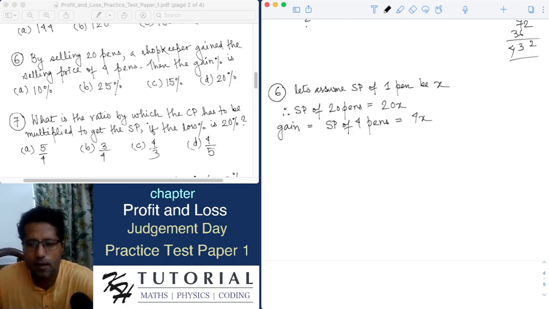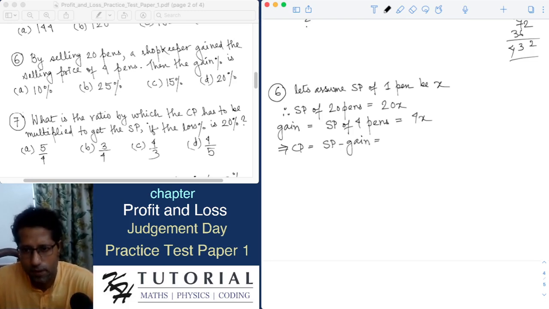This is the gain. Now, we know the gain, we know the selling price. The selling price of 20 pens is 20x, the gain is 4x. So the cost price should be the selling price minus the gain.